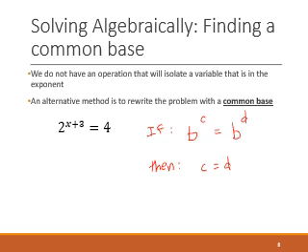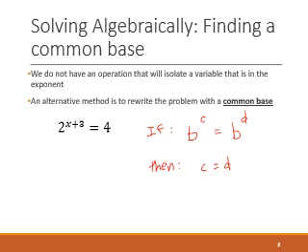I don't care if the base is 2, 4, a half. That's why I'm using a variable b here. The base could be whatever you want. The important thing is that the bases match. And that's what we mean by common base. If you have the same base on both sides of the equal sign, then the exponents have to be equal.